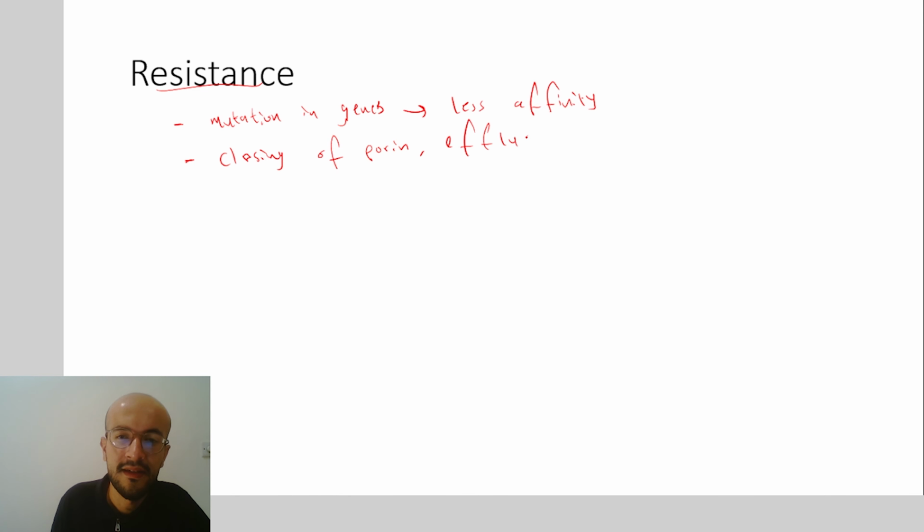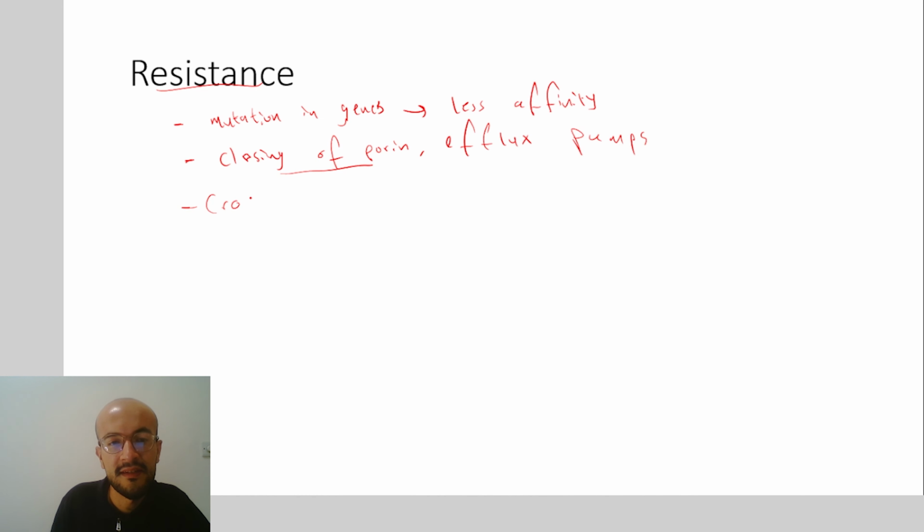The closing of the porin channel prevents the drug from entering the cell, and the efflux pumps pump the drug out of the cell.